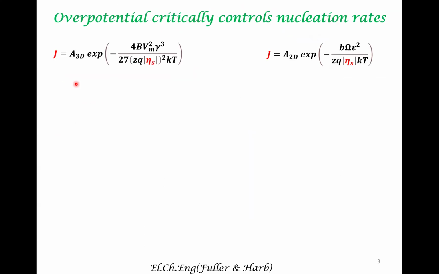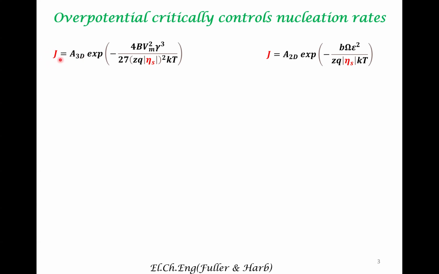Moving on. What we want to recognize is that J is crucially dependent on the overpotential. In electrochemistry, the main knobs we have is the control of potentials, right? So you can significantly suppress kinetics or significantly enhance kinetics by changing the overpotential.